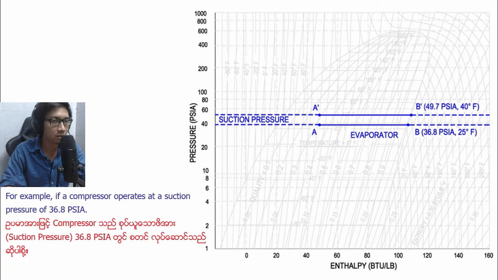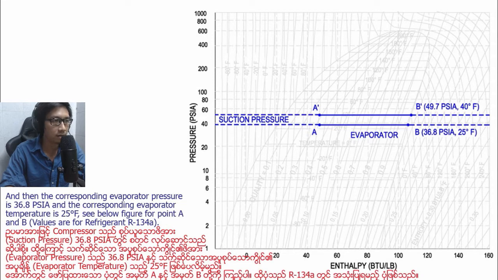For example, if a compressor operates at a suction pressure of 36.8 psi, then the corresponding evaporator pressure is 36.8 psi and the corresponding evaporator temperature is 25 degrees Fahrenheit. Figure for points A and B. Values are for refrigerant R134a.